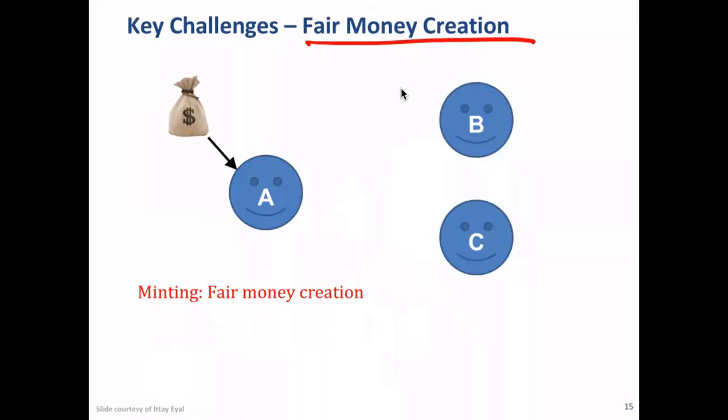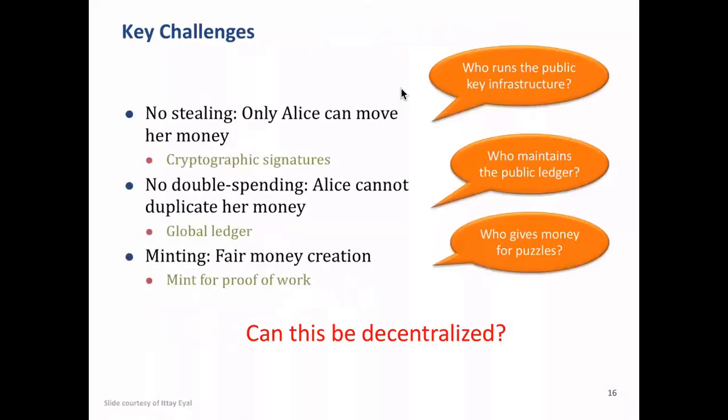So the government can create money. The government can increase the number of notes in circulation. So there must be a way here also to generate money, or mine money, which is called mining or minting.